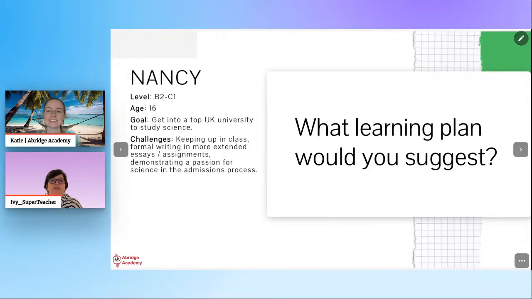Maybe a passion for music or reading or whatever, and then lead her into transferring those skills and those ideas into showing her passion for science, of course with some niche vocabulary implemented. But I think she really needs to work on her confidence, not motivation, but just confidence.